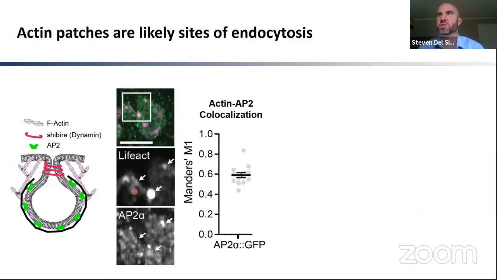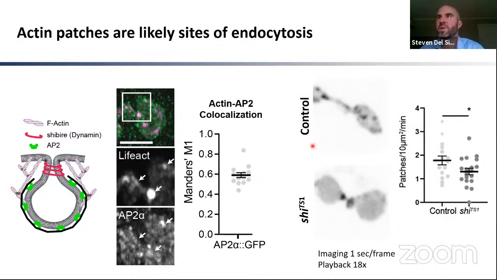Just to generally characterize these actin patches, we think they're likely sites of endocytosis based on their morphology and duration and frequency. We see that they frequently co-label with the endocytic adapter AP2. So this is an F-actin marker here in magenta and the endocytic adapter AP2 in green. You can see these areas of overlap that's quantified here.